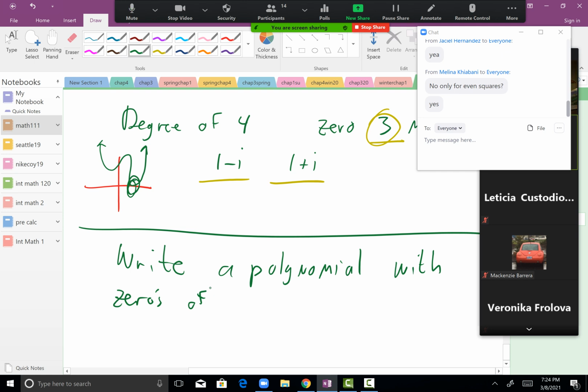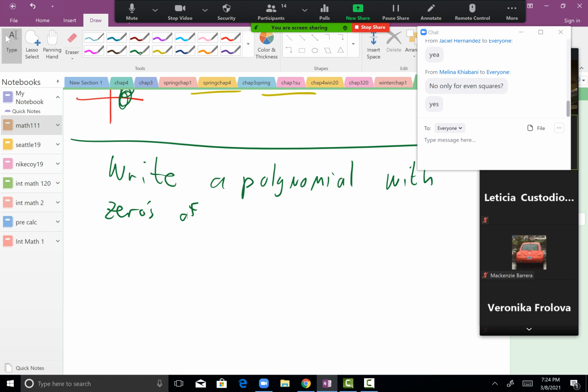Now, it doesn't say to put it into standard form, so we can write it in factored form here. And you can use y equals or f of x. Let me give you some information first. So the degree is 3, and I have one zero of 2, and I have one of, just say, i.